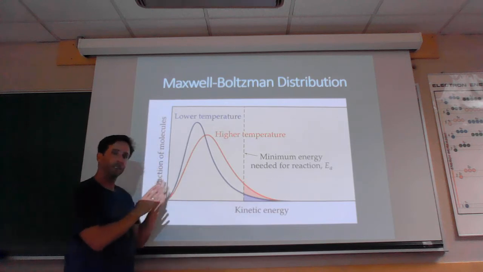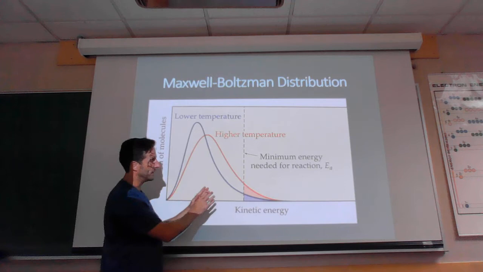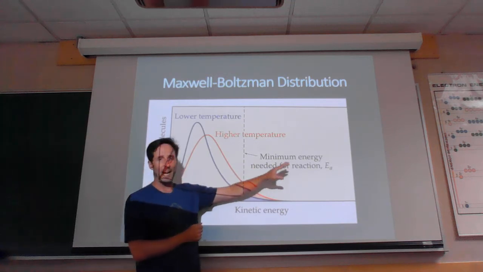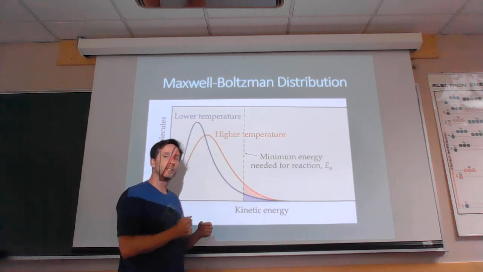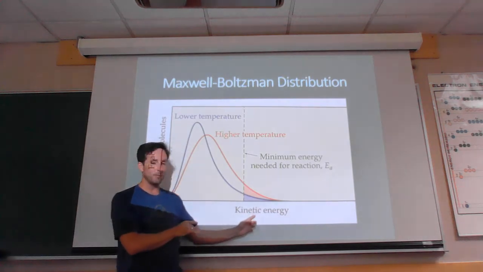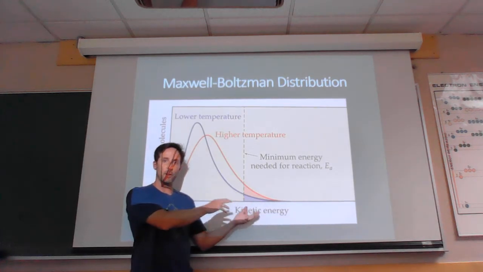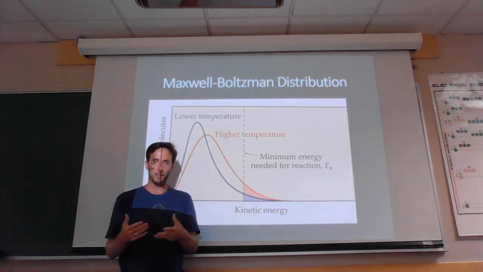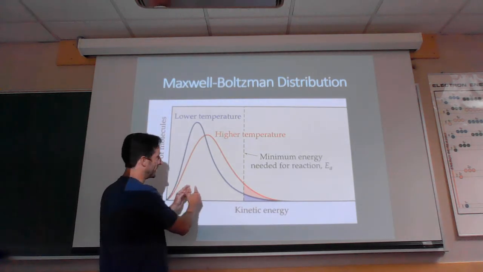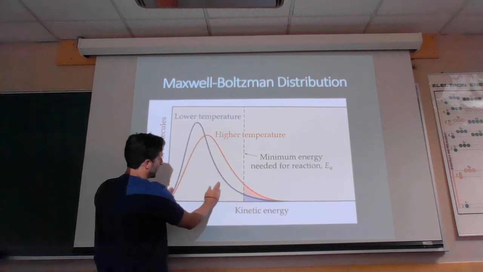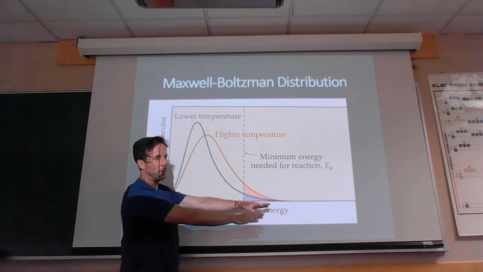Now, this graph is going to come up several times this semester, but essentially, whether it's a reaction that's occurring or a physical change, like a phase change, there's a certain amount of energy required for that process to occur. So if we're talking about vaporization in liquid water at 25 degrees Celsius, most of the molecules are below that threshold to escape into the vapor.